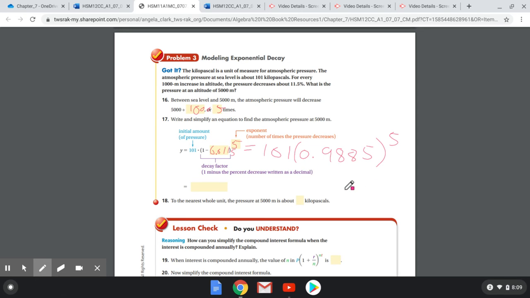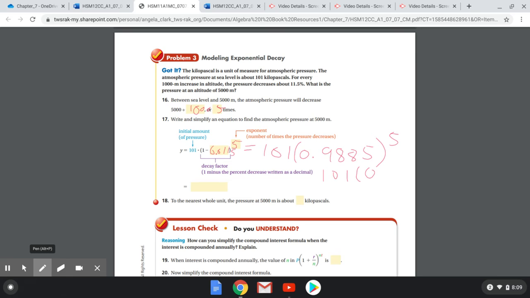Then we take what we just found to the 5th power, so 0.9885 to the 5th power. And again, I recommend leaving the number in your calculator and just multiplying by what's in your calculator so you don't have rounding error.